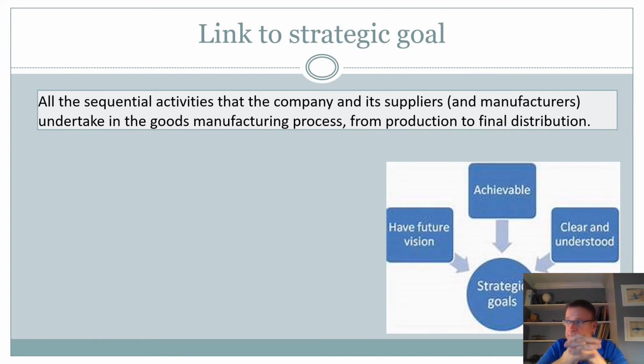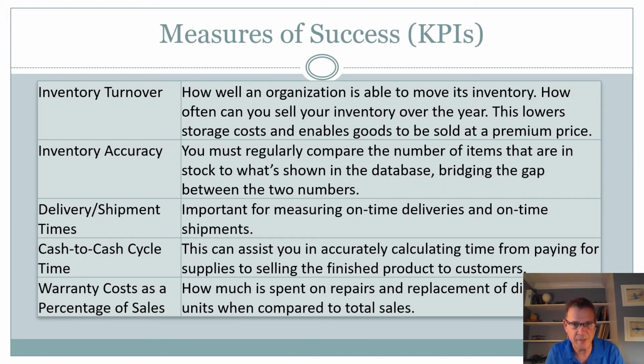So first of all, let's talk about a link to a strategic goal, and that is all sequential activities that a company and its suppliers undertake from production to final distribution. That's essentially a general description of what supply chain is. So this is what we're going to try and get a handle on.